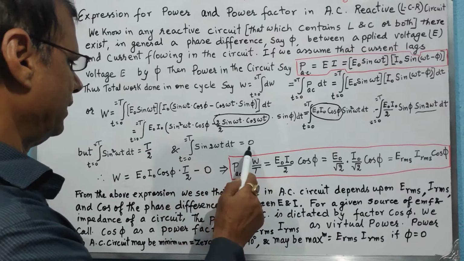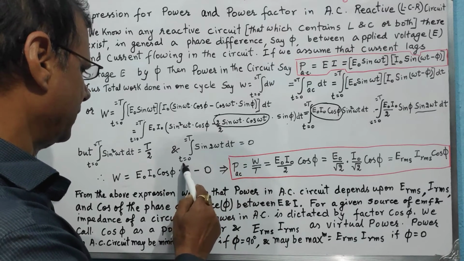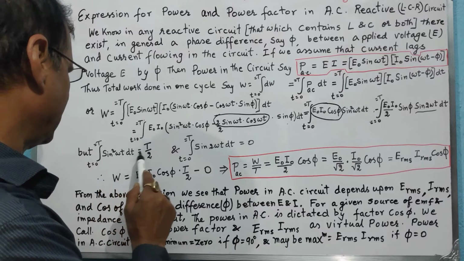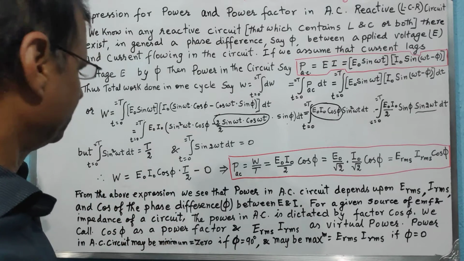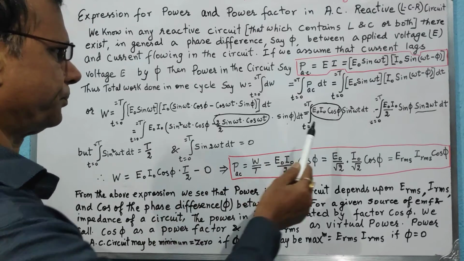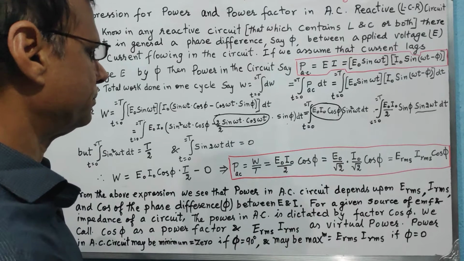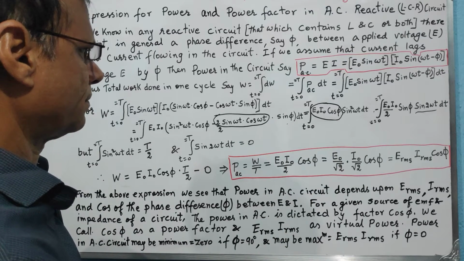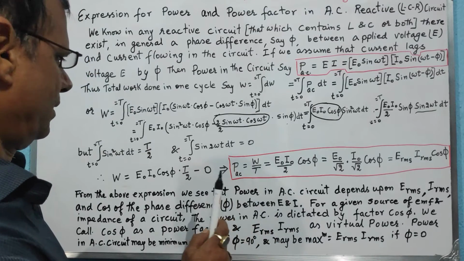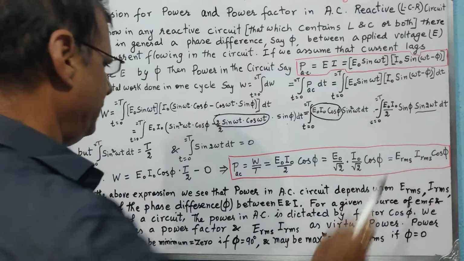So the integration of sin 2 omega t dt is 0 for the limit t equal to 0 to capital T, and for sin square omega t dt we have T by 2. So using these two values, this factor becomes T by 2, and this factor vanishes, becomes 0.